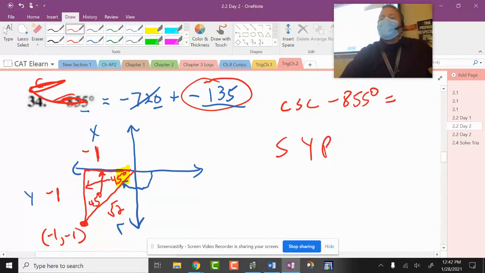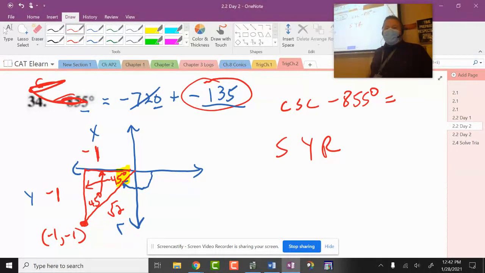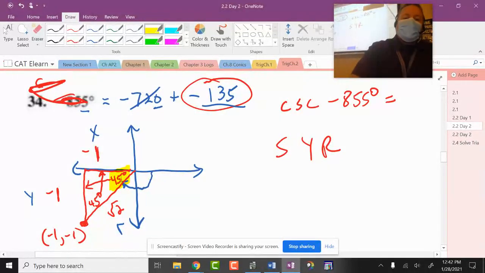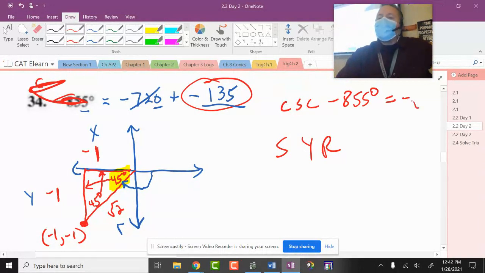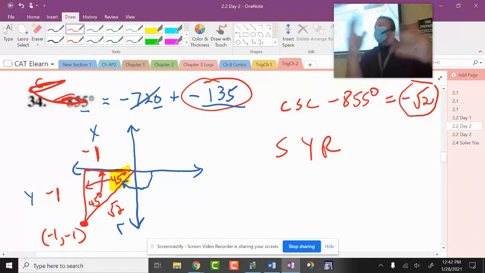Sine. But then you flip it. That's how you play this game of cosecant. So what is cosecant of negative 855 with the triangle that you have here? Which is negative root 2, and you can write it like that. Okay? All right, so just one, not all of them.